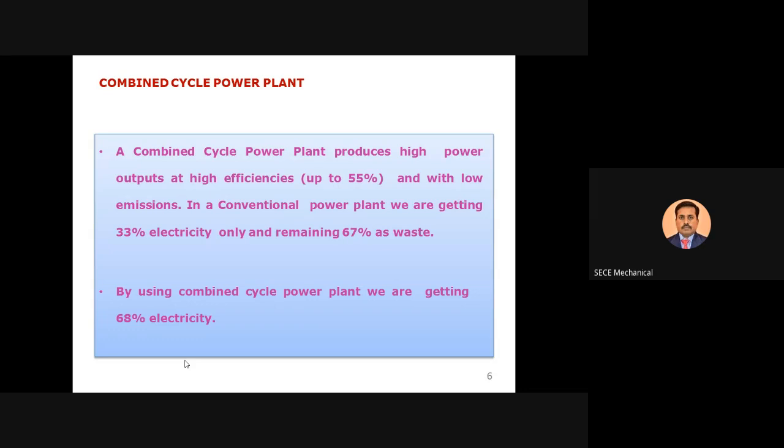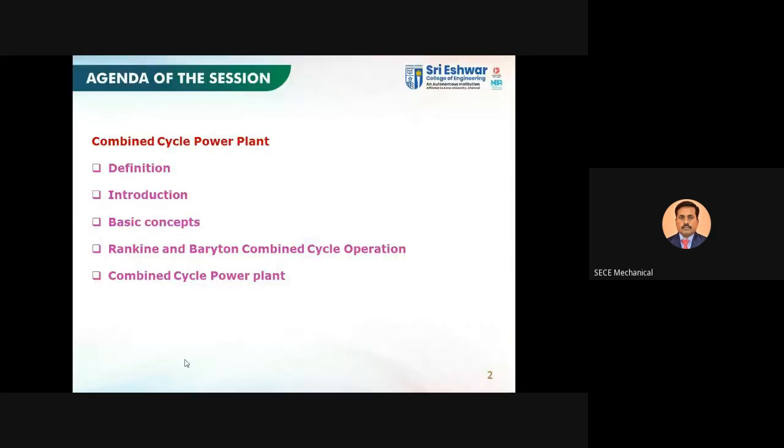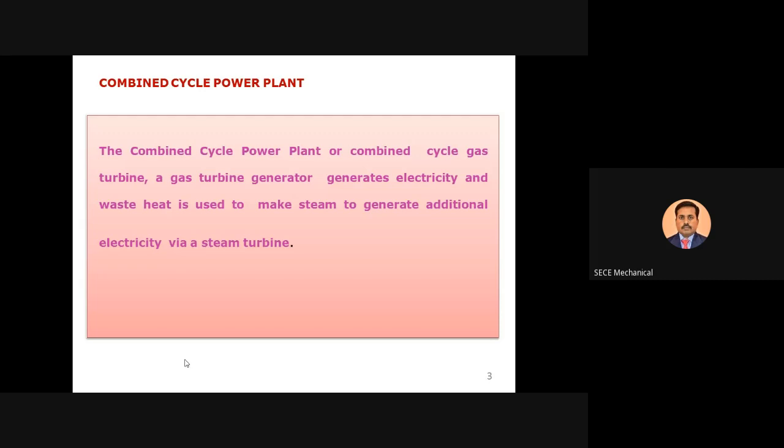A normal conventional power plant gets 33 percent electricity, but if we use a steam turbine in addition to the gas turbine, we can get up to an additional 55 percent. So you will get 68 percent efficiency with the help of the combined cycle. That is the main advantage of a combined cycle power plant.